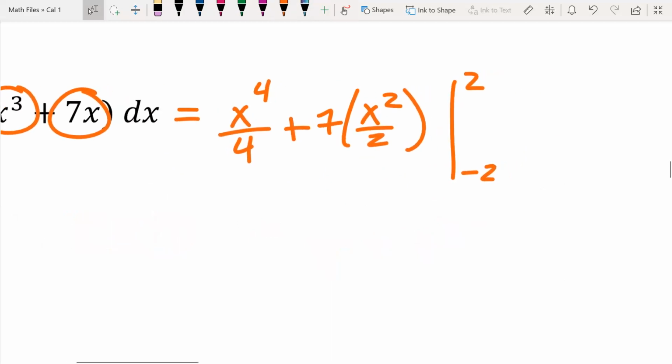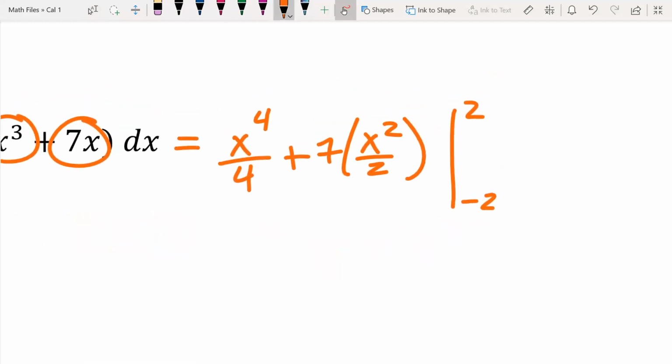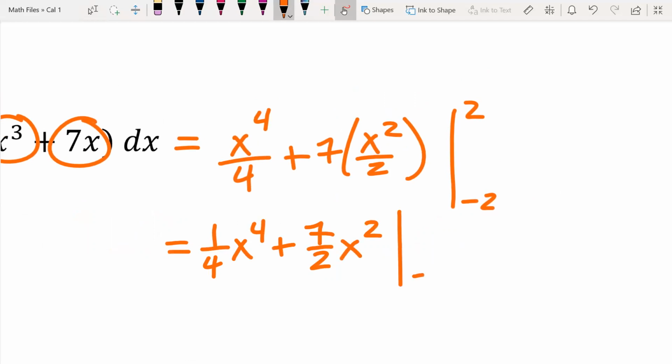All right, let's evaluate, make it pretty first. 1/4 x to the 4th plus 7/2 x squared from -2 to 2.